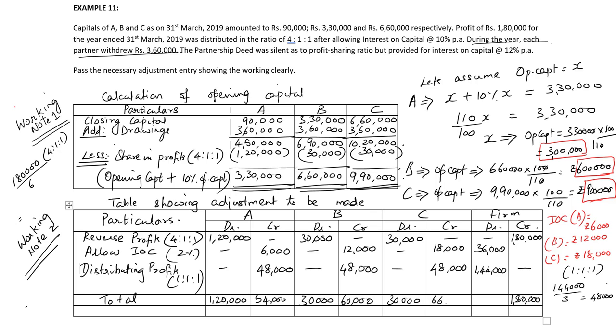C credit total 66,000. And firm debit and credit total 1,80,000. Net effect: 66,000 debit for A, 30,000 credit for B, and 36,000 credit for C.